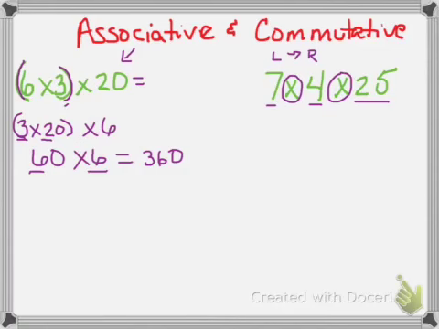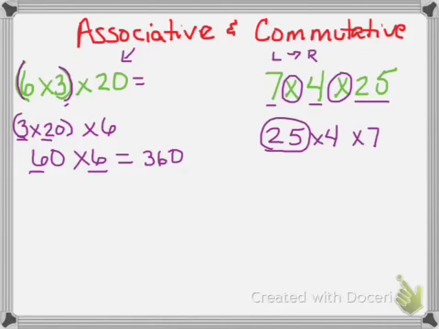Because they're both multiplication problems, I would start with 7 times 4, then 25. I can't multiply 28 times 25 very easily, so I'm going to multiply 25 times 4 and then multiply that by 7.